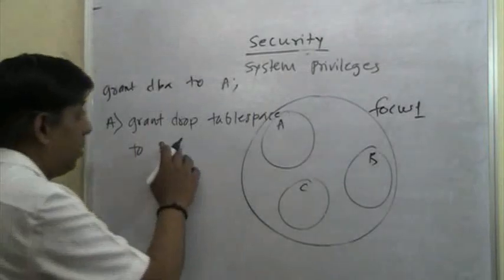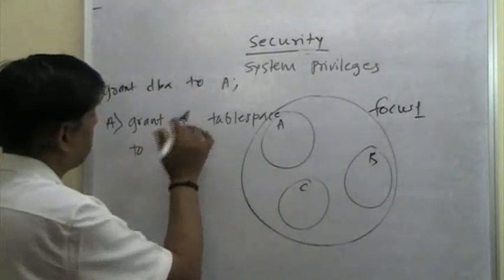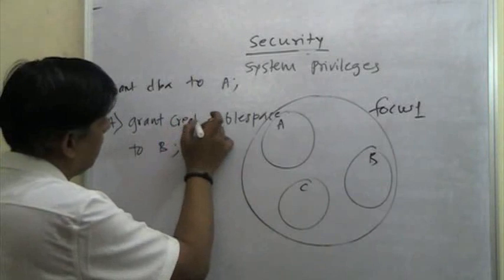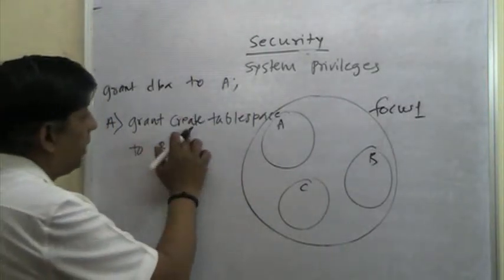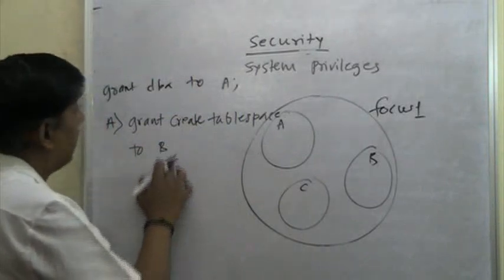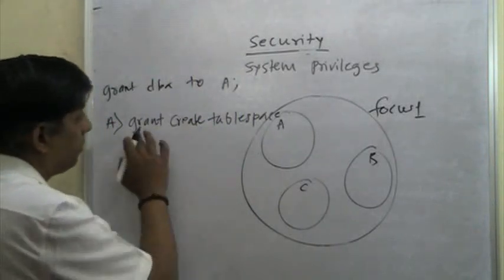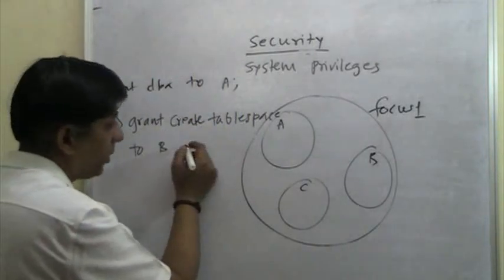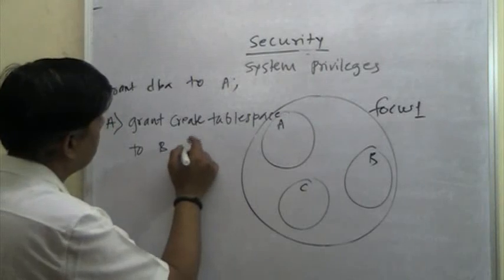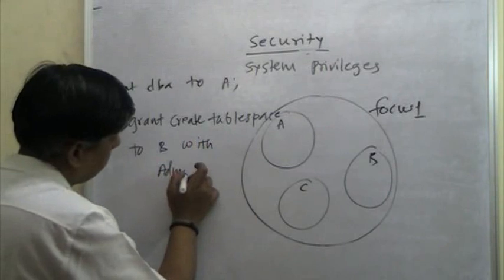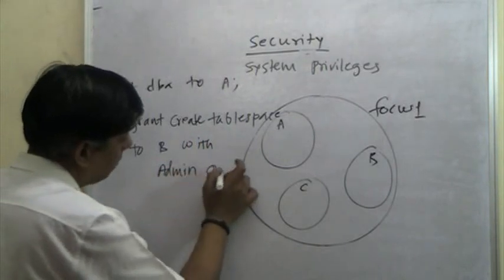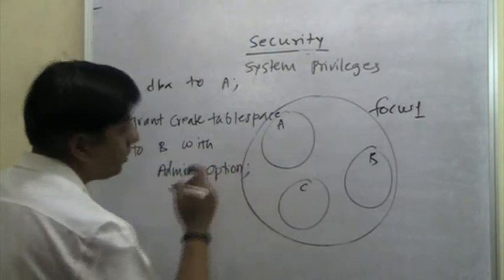But now or maybe, let us not talk about dangerous things, create table space. He can create a table space. But now instead of giving just the privilege to create a table space, this user gives him the privilege to create a table space plus something else, and that plus is with admin option, and a semicolon.